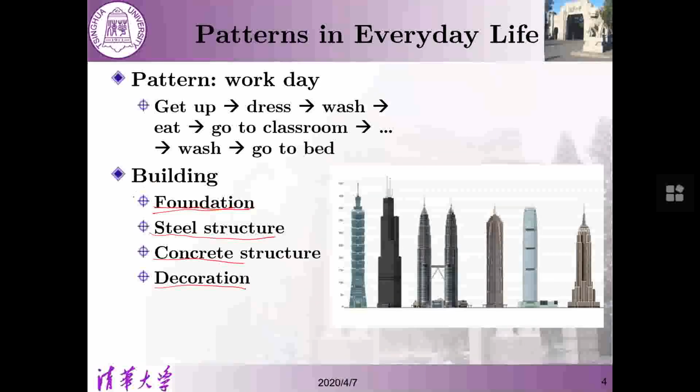So this is a pattern, right? We are always following this pattern to make a building. And there's also a saying that all happy families are happy alike. All unhappy families are unhappy in their own way. So these are patterns, right? We are following patterns everywhere, actually.